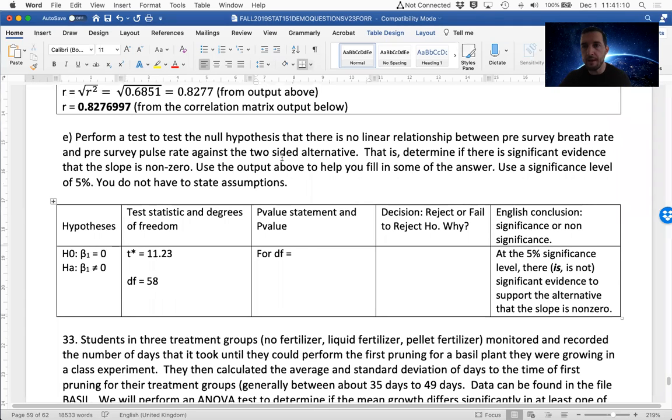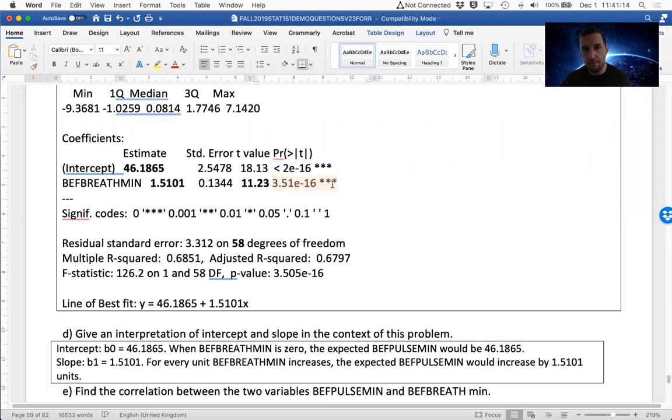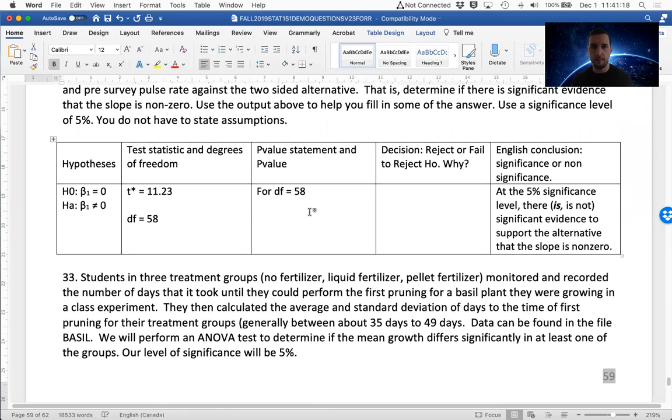Okay, the p-value is given in the last column. So right here. So what we would say in this part is p-value equals P(t greater than 11.23) equals 3.51 times 10 to the negative 16.